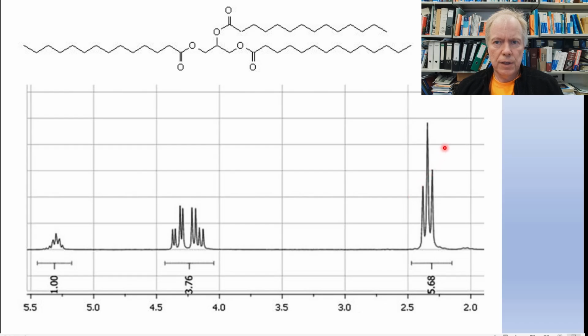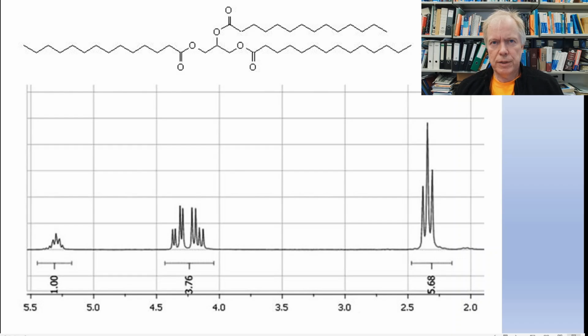We have a roof effect here because the coupling partner is at the right hand side, somewhere there at around 1.5 ppm. And where does this signal derive from? Well, it's the CH2 group alpha to the carbonyl, which is coupling with the neighboring CH2 group and delivering this triplet type signal.